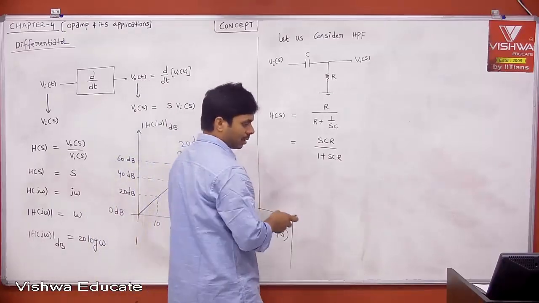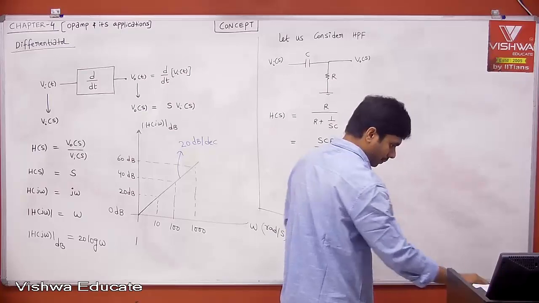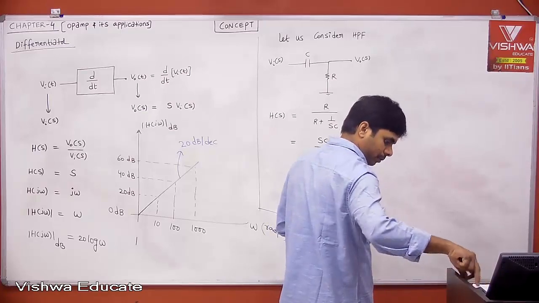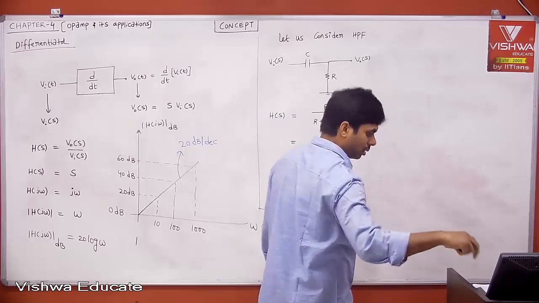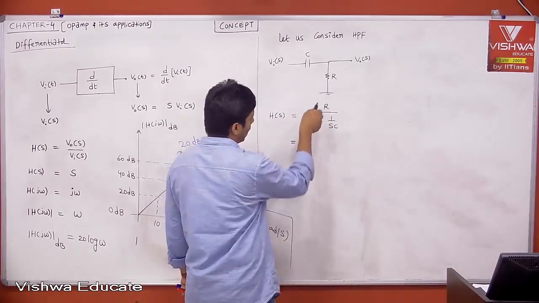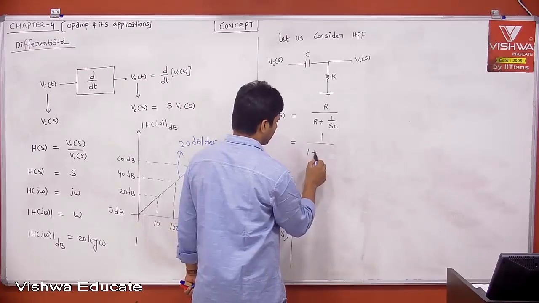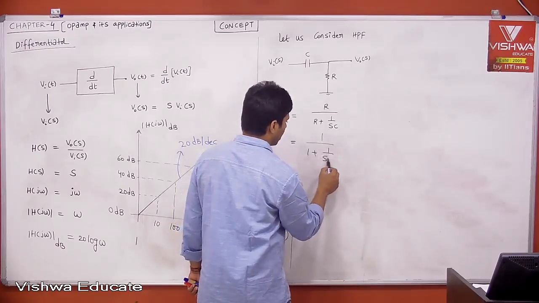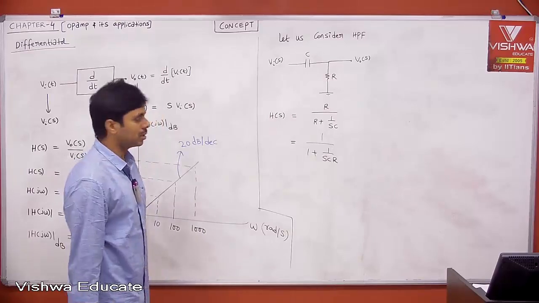Then, to make it easier, can I take R as common? Then R and R will be cancelled, giving 1 divided by 1 plus 1 by SCR. This is what you'll get. Can I say that? Yes.